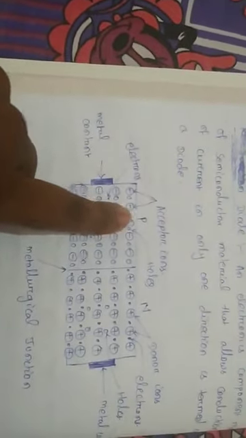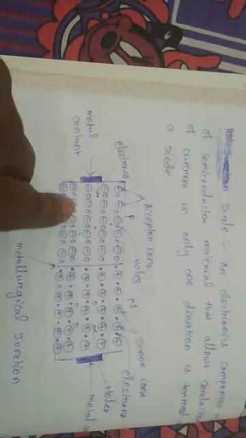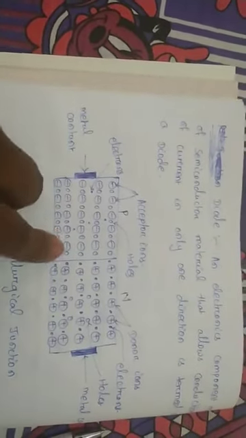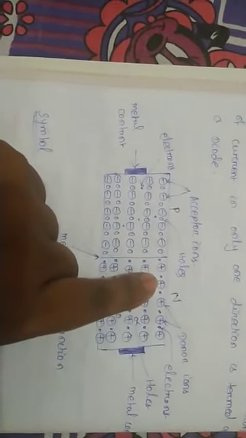As you see, in p-type semiconductors, these are acceptor ions, the majority charge carriers are holes, and minority charge carrier electrons are there. And in n-type semiconductors, the majority charge carriers are electrons, with donor ions, and minority charge carriers are holes.